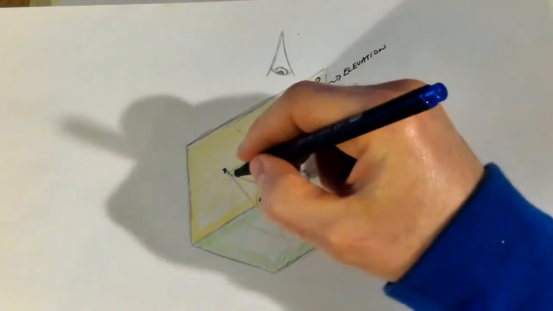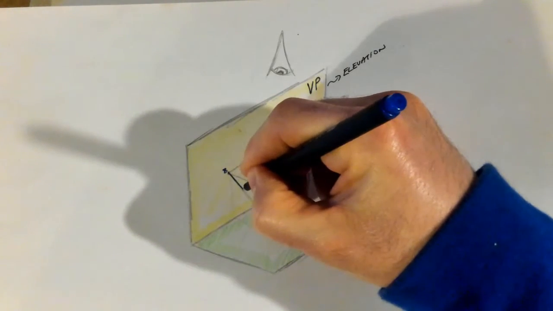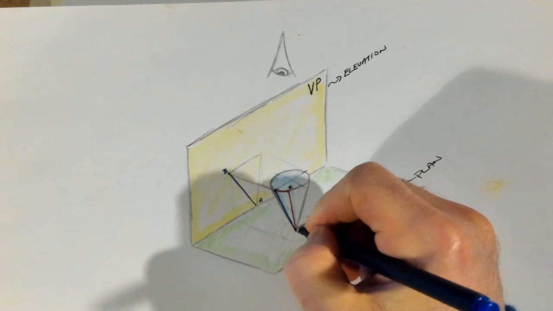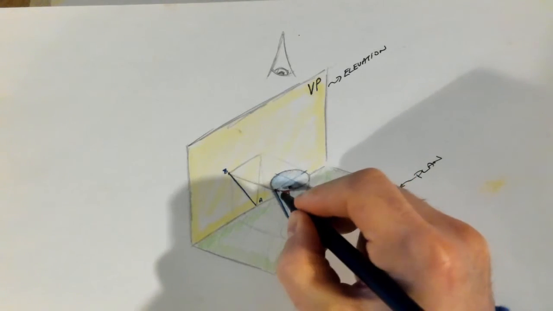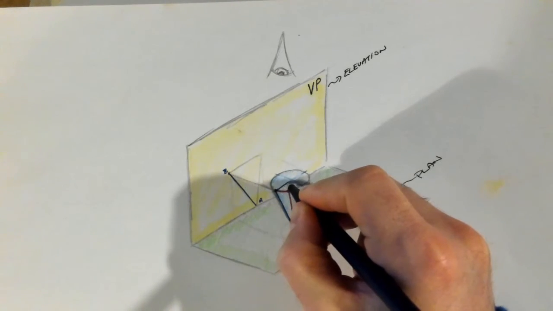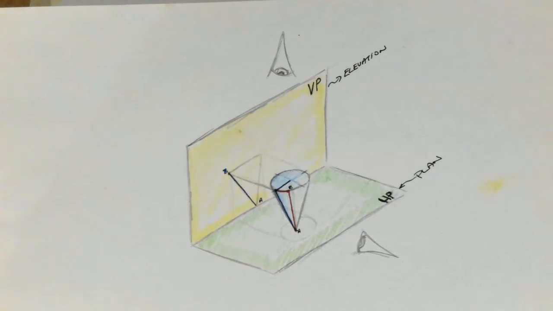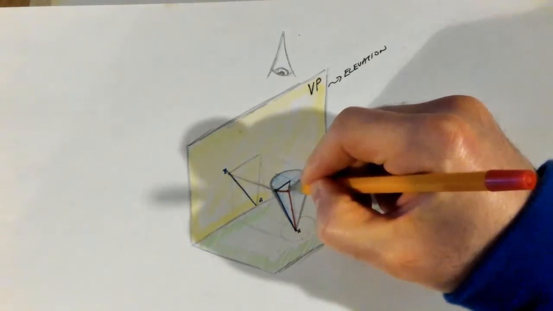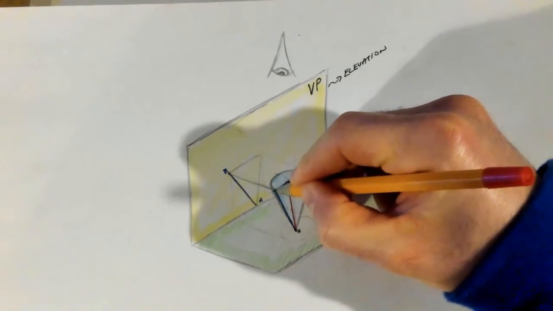That means that this line here is our true length. And the reason for that is because A here up to B would be seen like that in plan, whereas the original one was like this. And all we did was rotate it around.